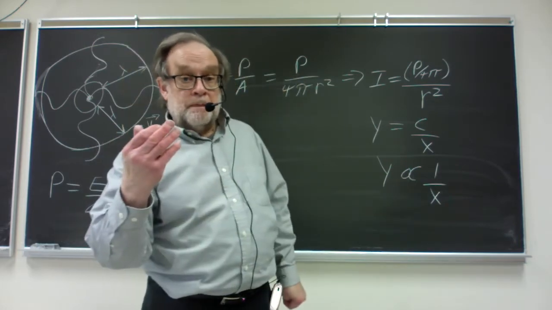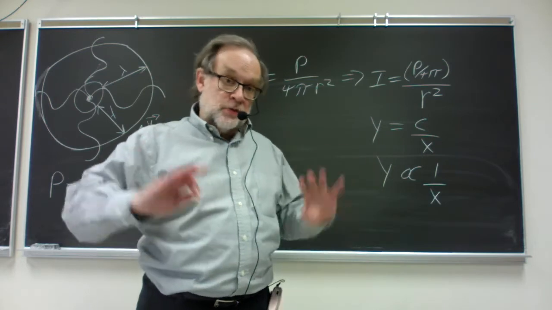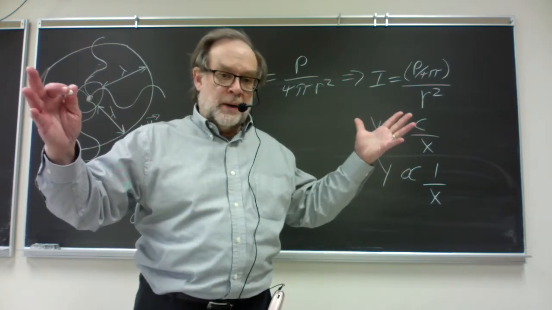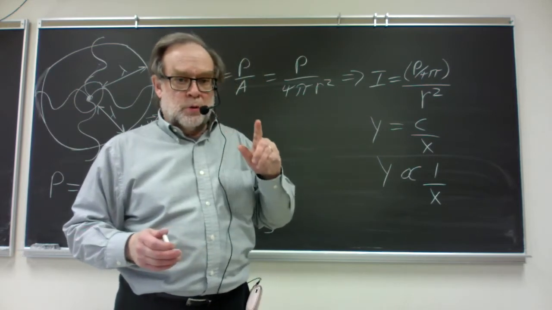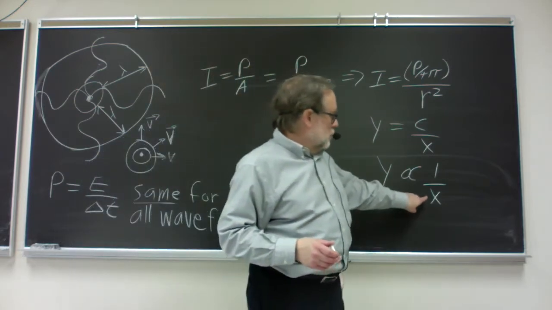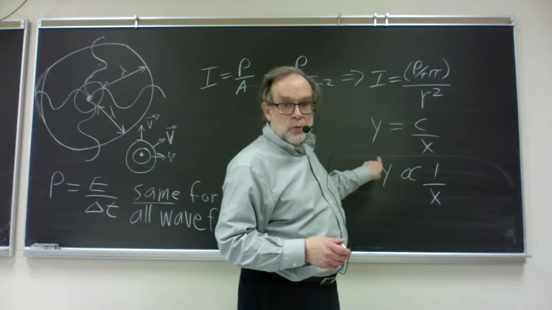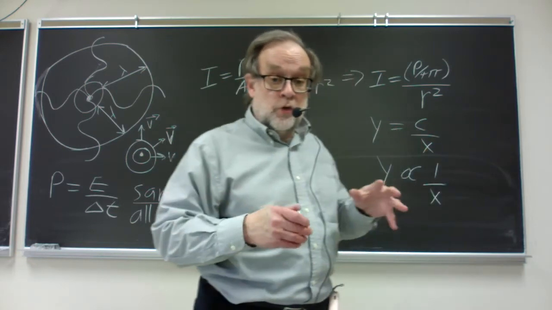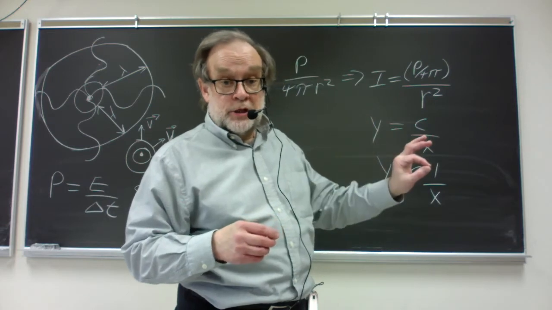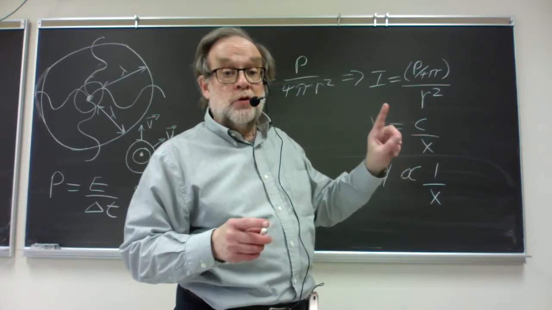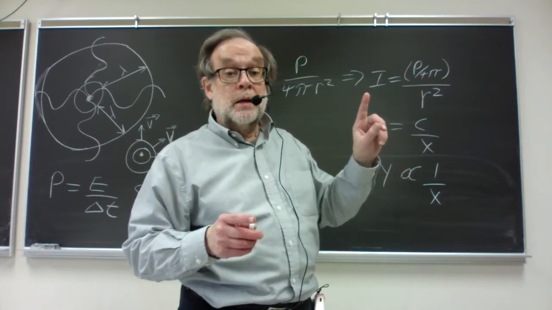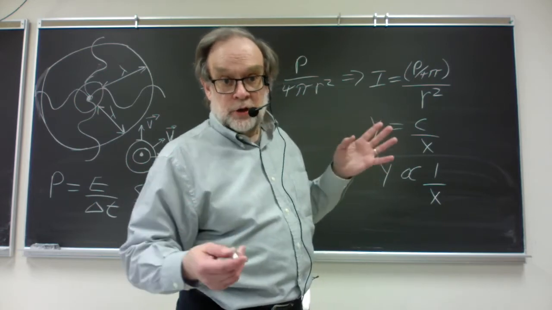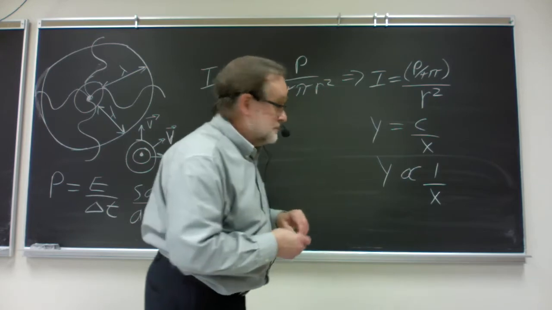The rule for inverse proportionality, as you've seen before, but it's one of those things that you might need a reminder. In inverse proportionality, when one variable gets larger, the other one gets smaller. And in inverse proportionality, when one variable changes by some particular factor, the other variable changes by the inverse factor. So let's look at a specific example of that.